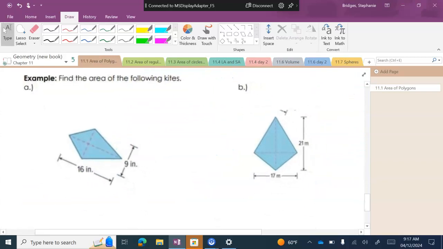All right, and again, the next two are kites. The formula is the same. Do I have the full diagonal in both? Yes. All right, so we're going to go area equals 1/2. One of my diagonals is 16. The other one is 9. If you put the parentheses in, you don't have to hit multiply.